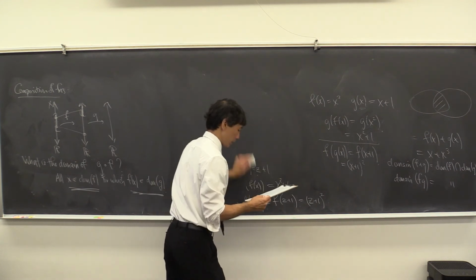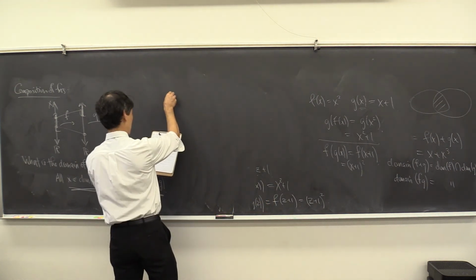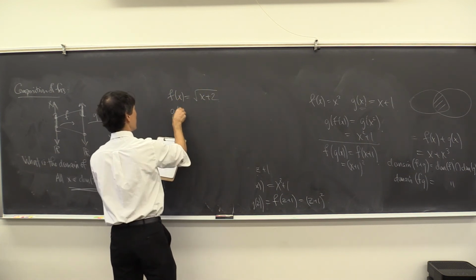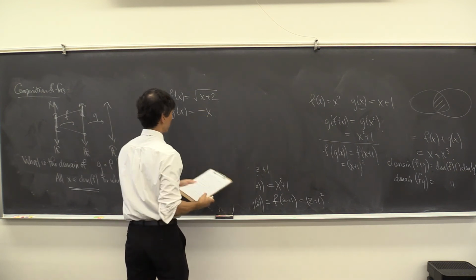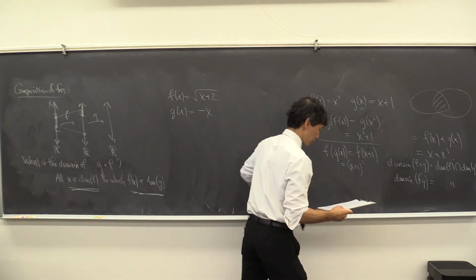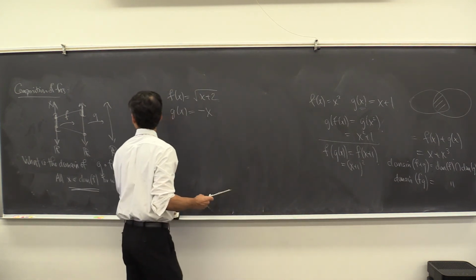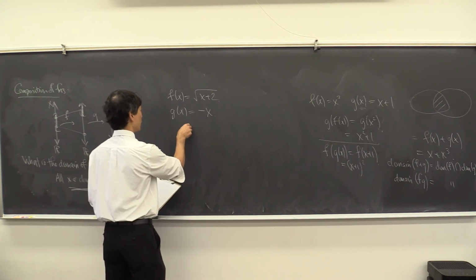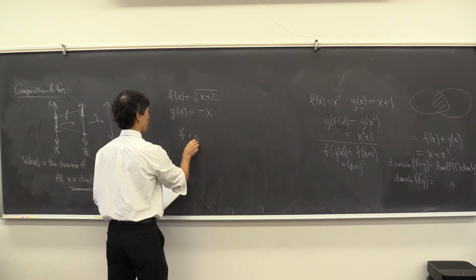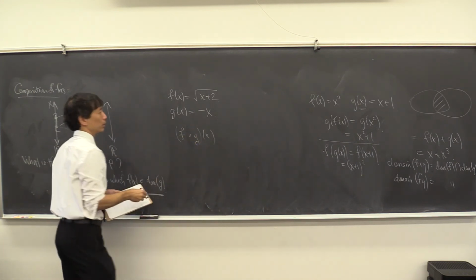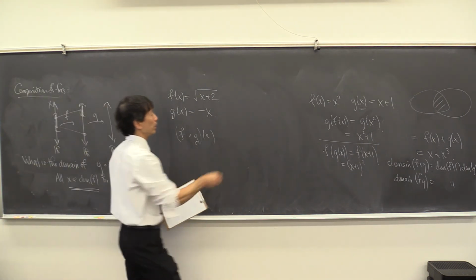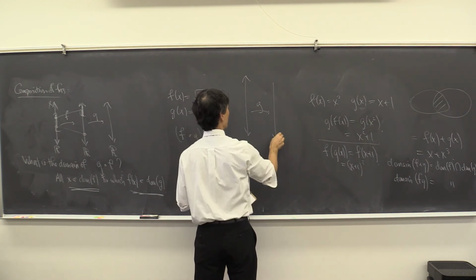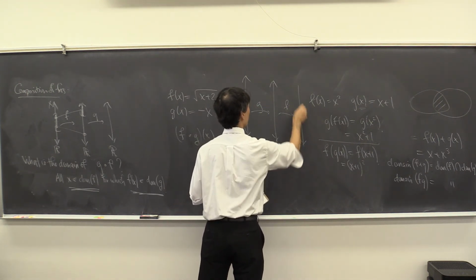So for example, if I have f of x equals the square root of x plus 2 and g of x equals negative x, and I'm looking at, say, f composed with g, so first I'm taking the g function, and then I'm taking the f function.